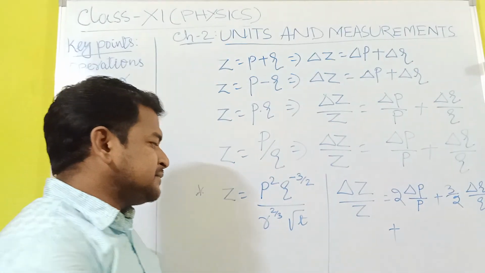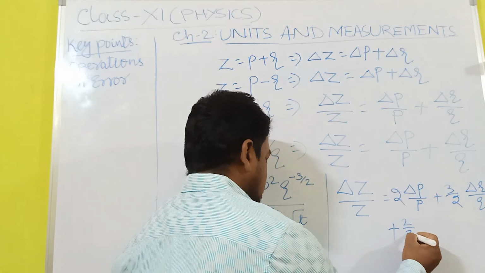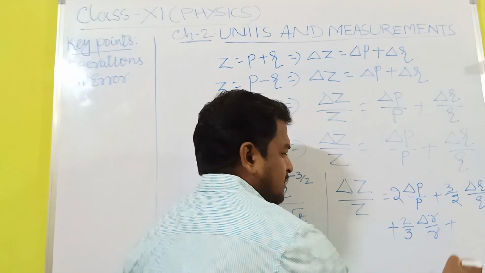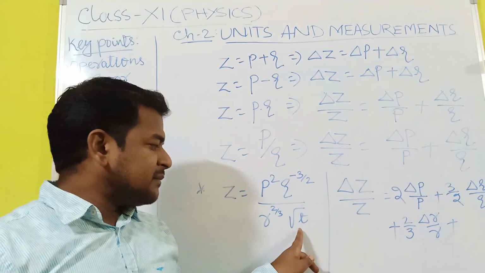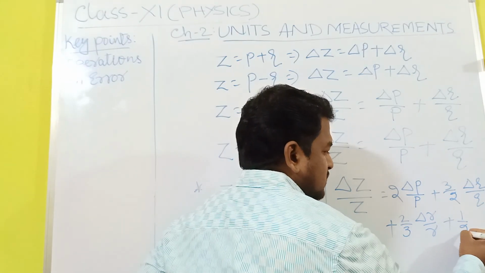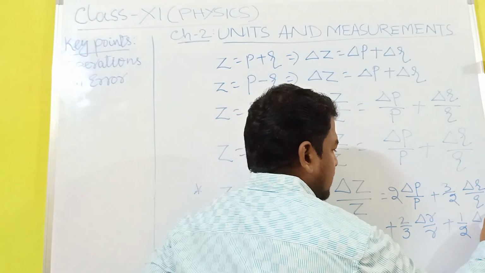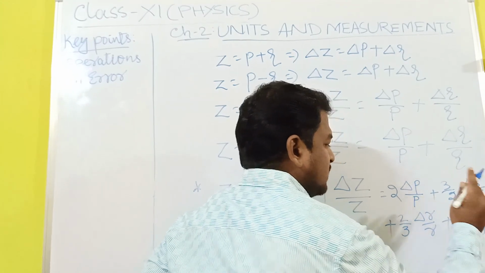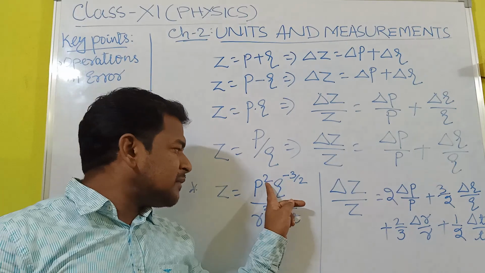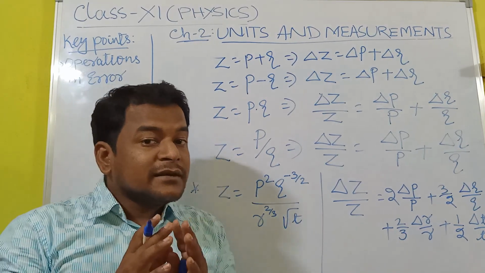2 by 3 delta r by r, plus here the power is 1 by 2, simply 1 by 2 delta t by t. Okay, whether there is the plus symbol or minus symbol, that doesn't matter.